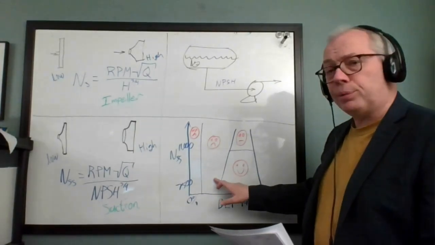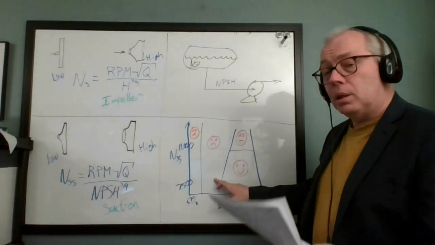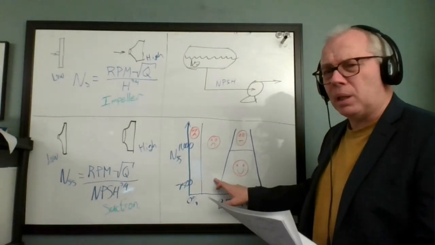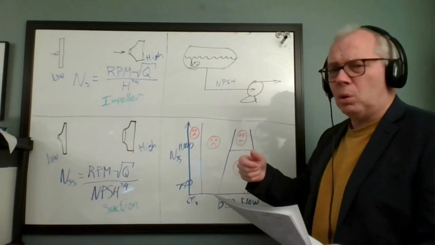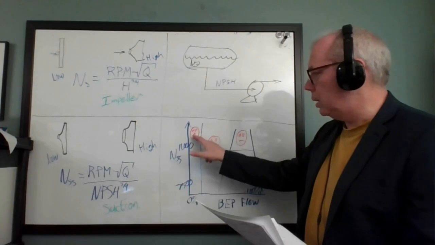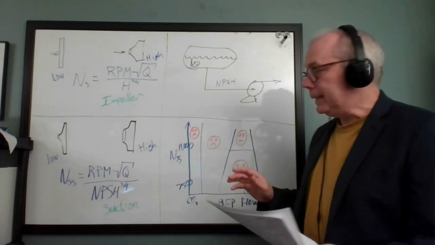If we operate at a flow rate less than that, the pump's not too happy. It still works, but we can probably expect some reliability issues. The first things to go will be the bearings and the seals. And if we go to a really low flow rate, it just dies. We're going to kill it.